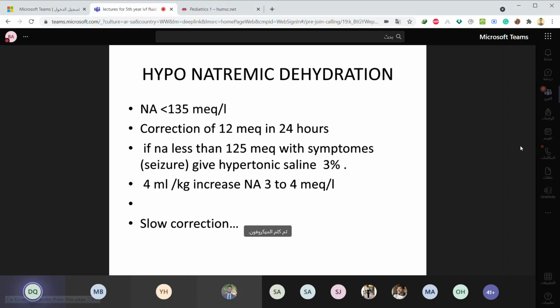If sodium is less than 125 milliequivalents with symptoms of hyponatremia like seizure, we have to give hypertonic saline 3%. 4 ml per kg will increase the sodium concentration by 3 to 4 milliequivalents per liter. But we usually do slow correction in patients with chronic hyponatremia and without symptoms.